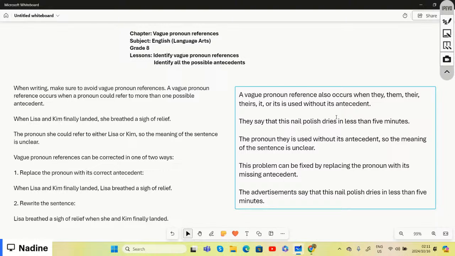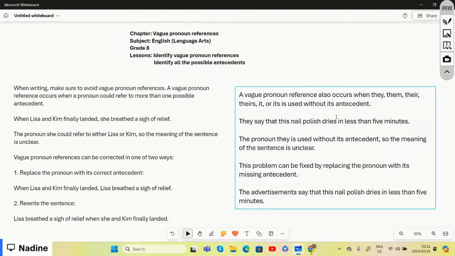All right. So, in order for us to avoid the vague pronoun reference, for example, in the sentence, when Lisa and Kim finally landed, she breathed a sigh of relief, the question is who? Which one breathed a sigh of relief? Because both Lisa and Kim are females or girls, so any one of them can breathe a sigh of relief.